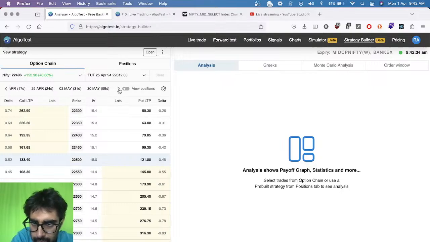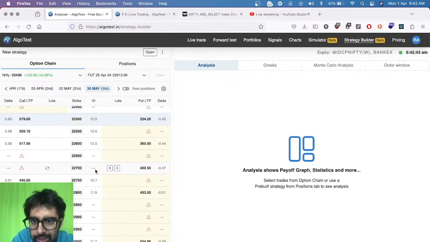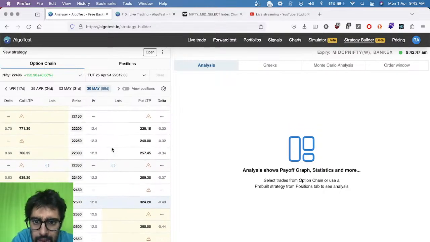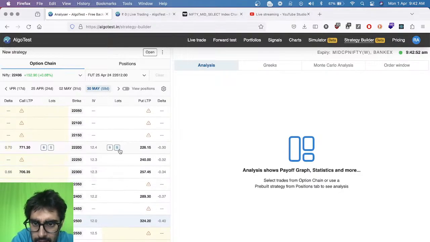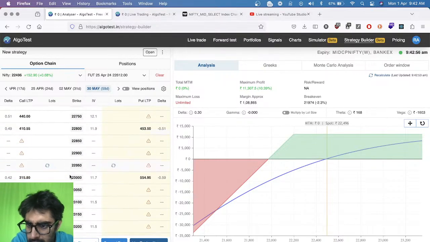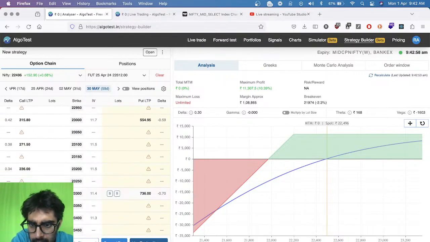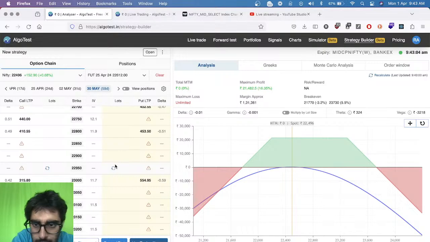So what we'll do is something unconventional, and we'll put on a Nifty 59 day to expiry trade. We'll do the same thing where we'll sell a 30 delta strangle. Let's do that. There's more room on the upside than on the downside.